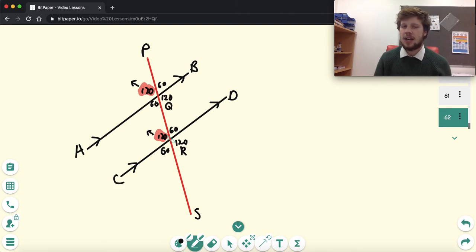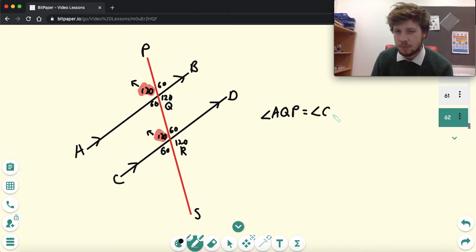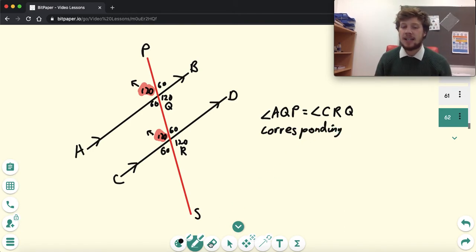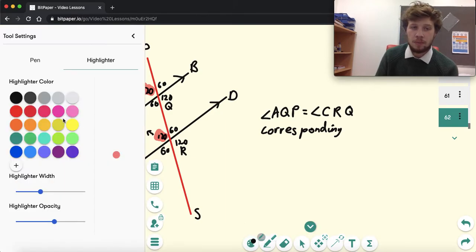So the way we'd say this is angle AQP is equal to CRQ, and the reason for this is because they are corresponding angles. So we would know that corresponding angles are going to be equal.